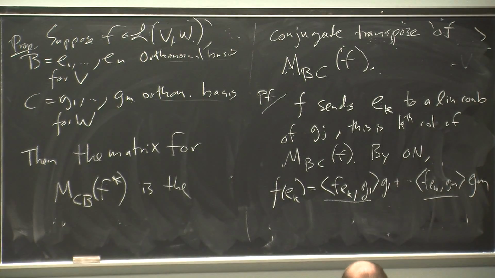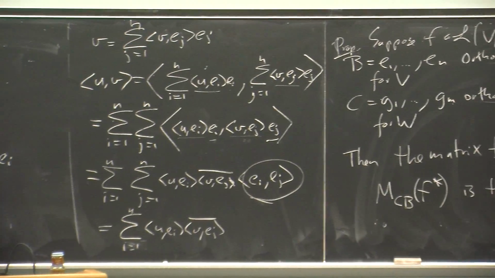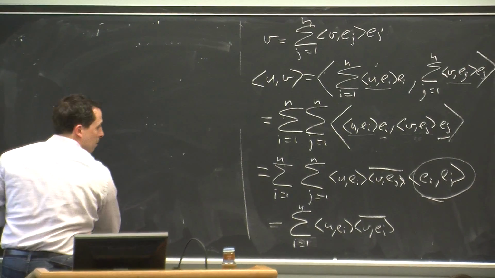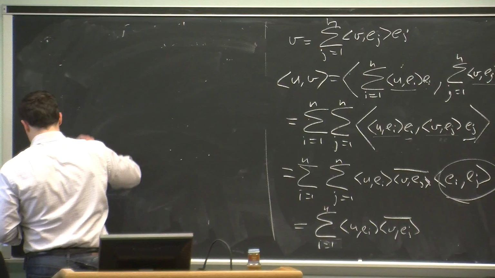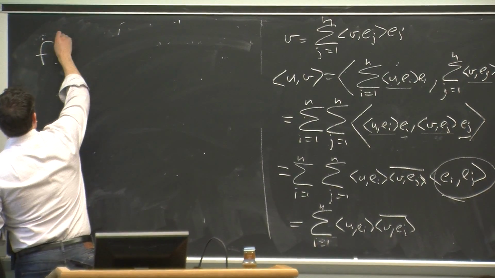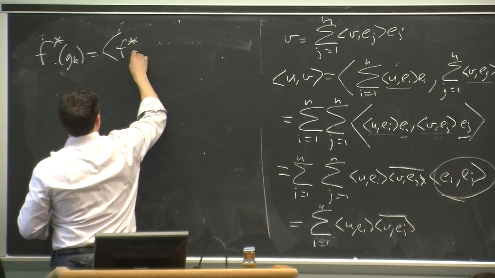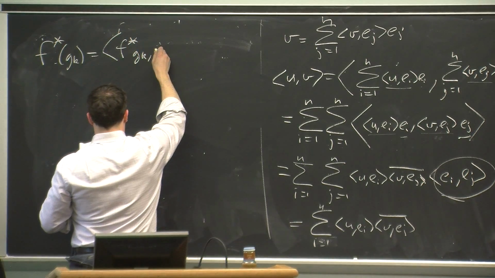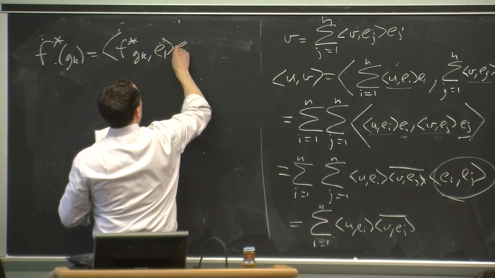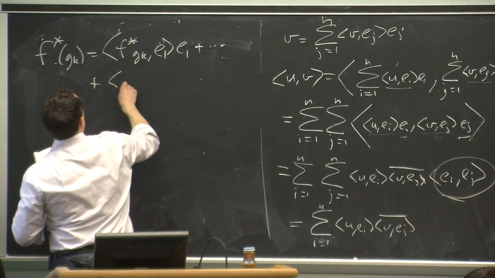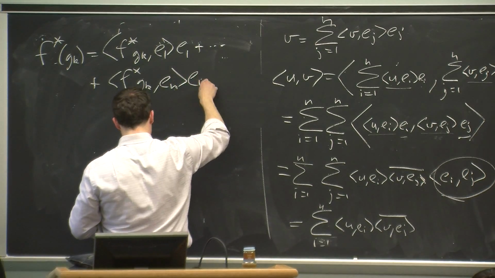If I make the same computation for F star, expanding the image of a G basis element in terms of the E basis, I get this. F star of Gk is ⟨F star Gk, E1⟩ E1 plus, and so on, ⟨F star Gk, En⟩ En.